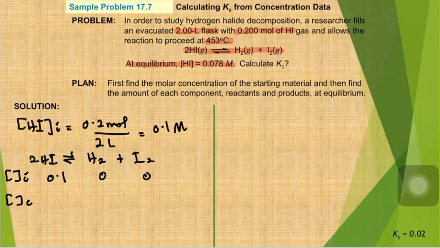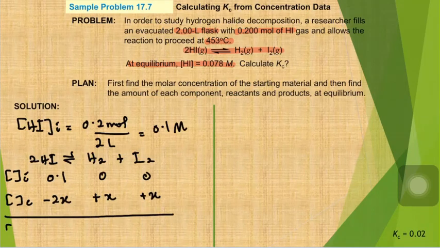Since the coefficient of the HI here is 2, the change will be negative 2x, and for H2 it is increased, so it is positive x because of coefficient 1, and coefficient 1 for I2, so plus x as well.